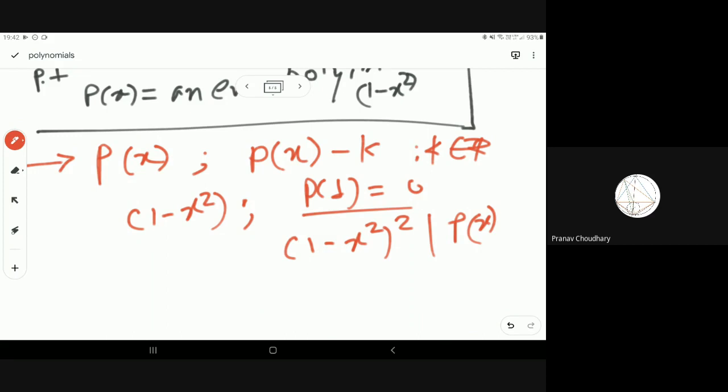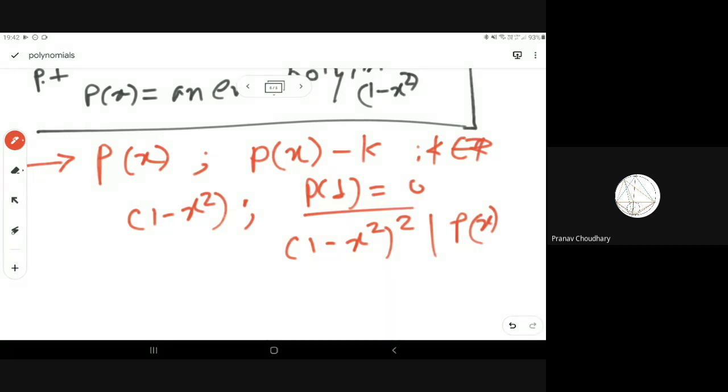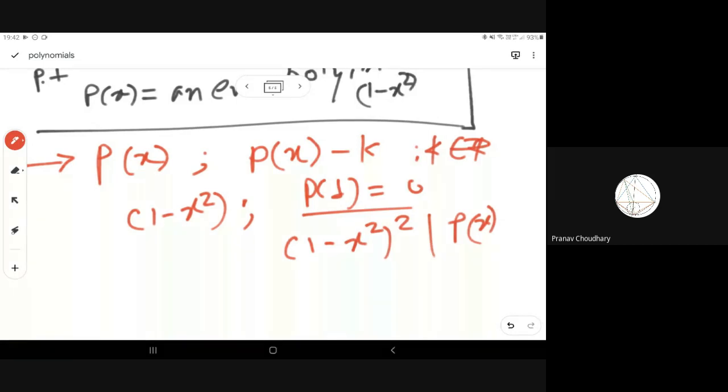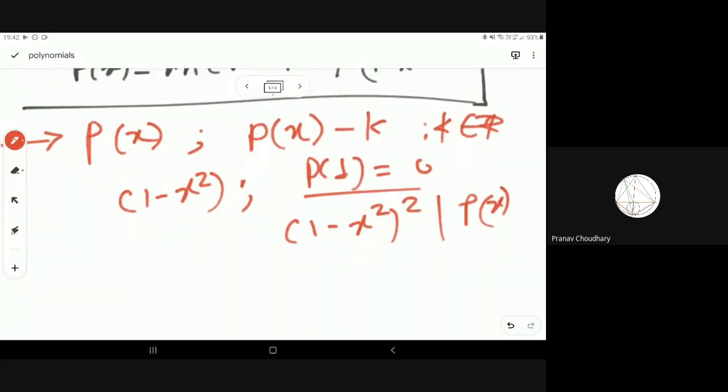So what we will do is show that 1 minus x squared divides the solution, p(x) shifted by some constant, and then we will induct down on degree. Since p(x) shifted by any constant also works, we will just assume p(1) to be 0, right?